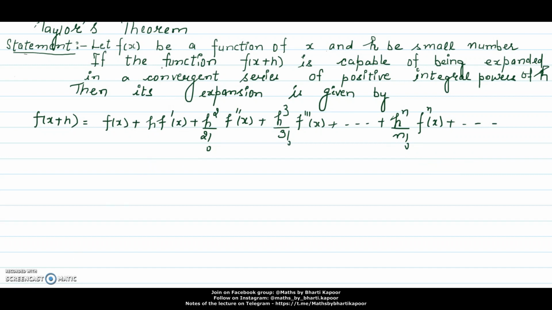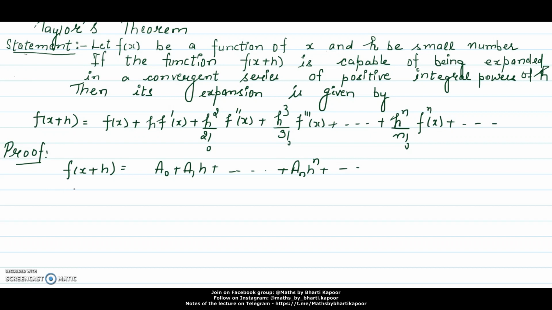In the statement only, we assume that the function f(x+h) is capable of being expanded in the positive powers of h. So let's assume that f(x+h) is equal to a0 + a1 h + and so on, an hⁿ up to infinity.